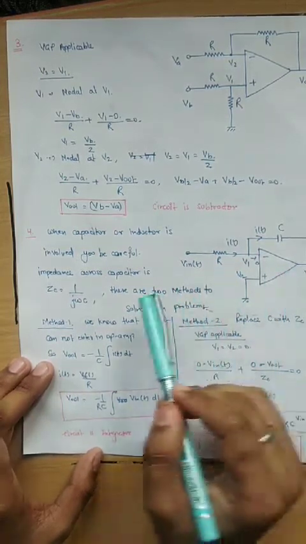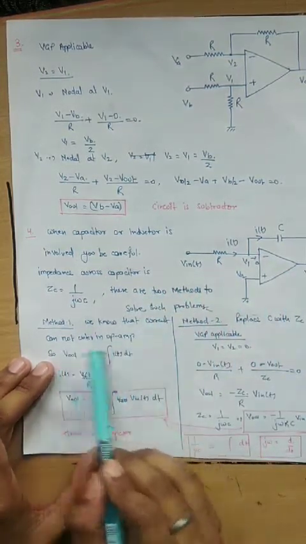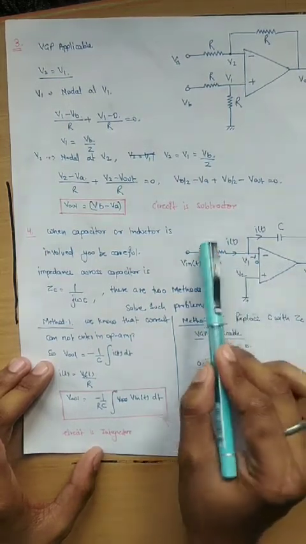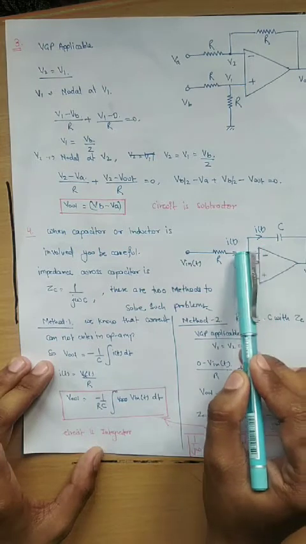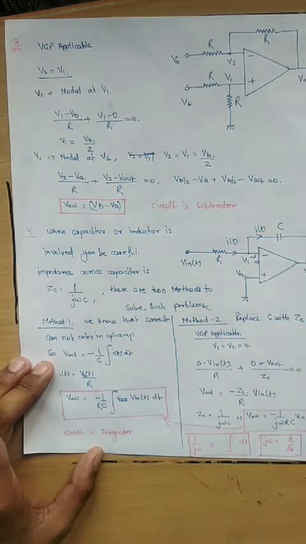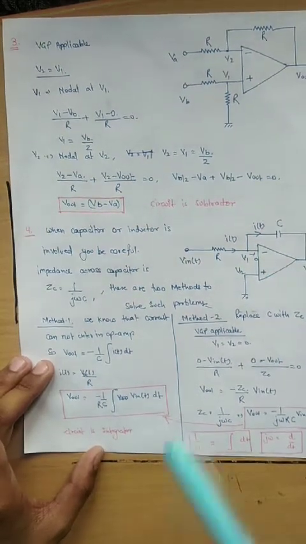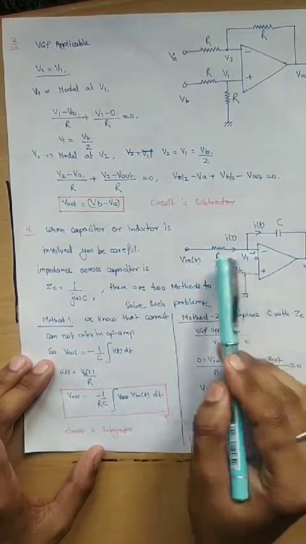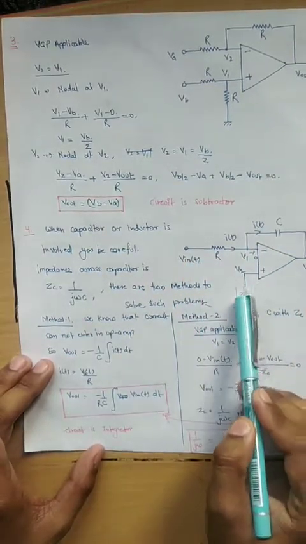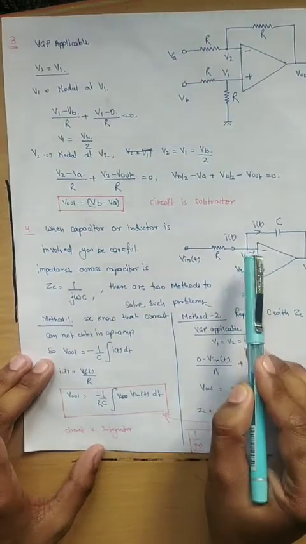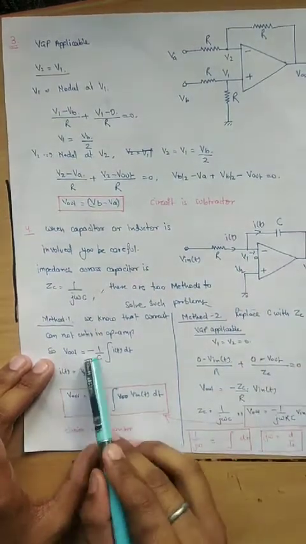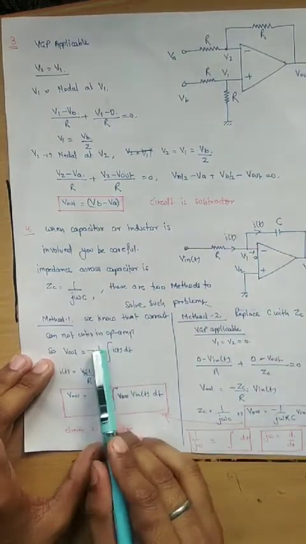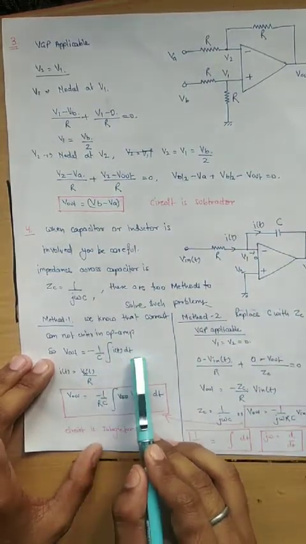First method is, we know that current cannot enter the op-amp, so this current is 0. Suppose current here is IT, so the same current will go here. Now we will equate these two. The voltage here is 0. So Vout is equal to minus 1 by C integral of IT dt.